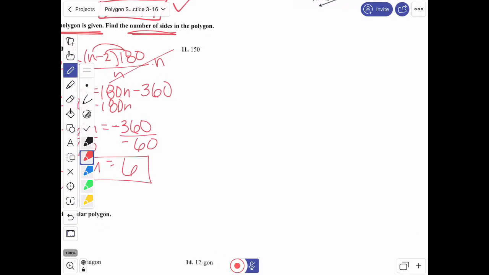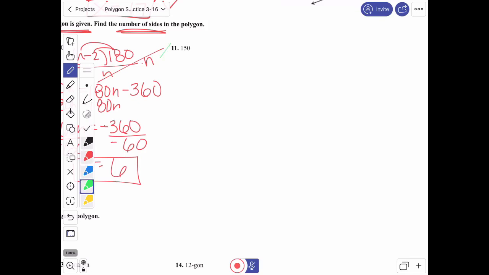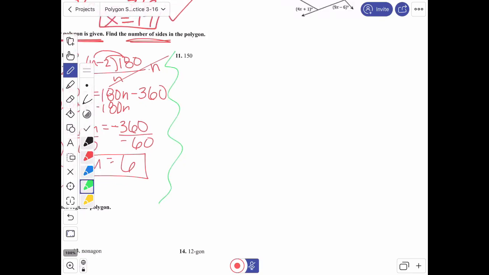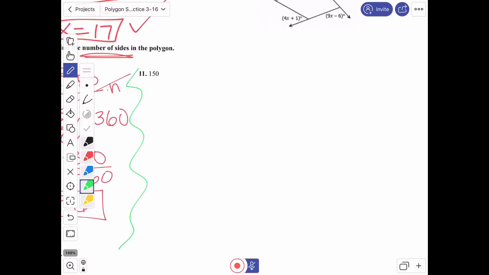Okay, for 11, let's try green. So I have 150 equals (n minus 2) times 180 divided by n. Multiply by n on both sides. You get 150n equals 180n minus 360 after I distribute.